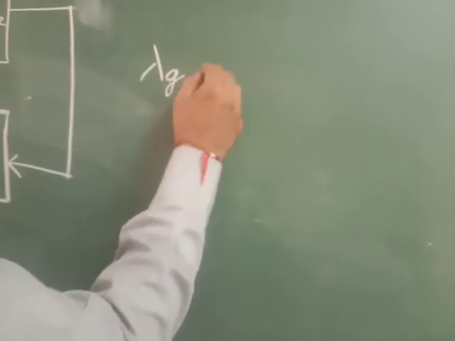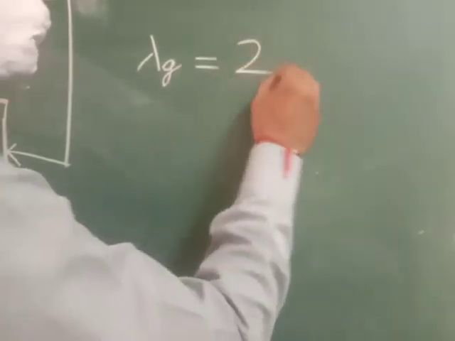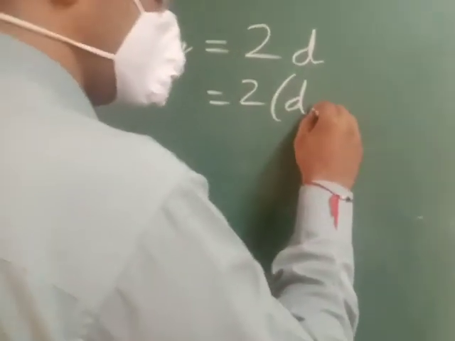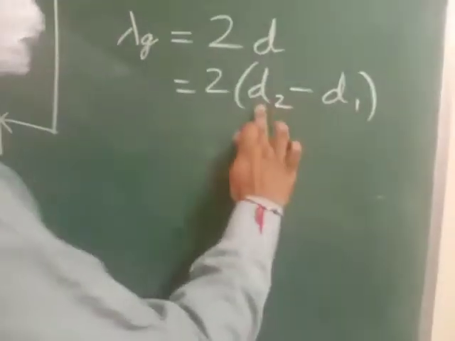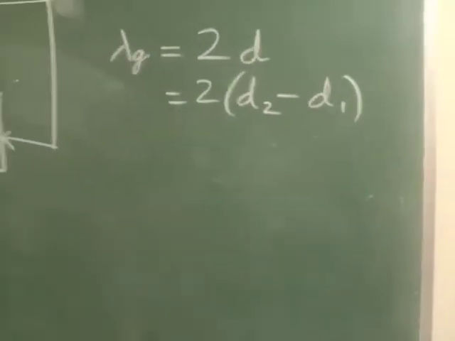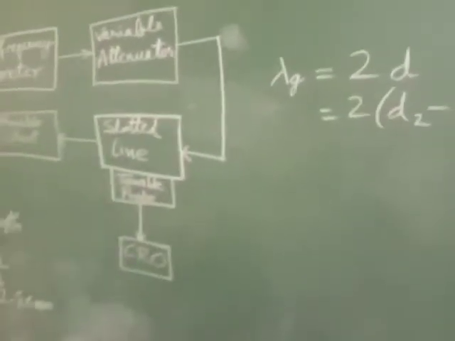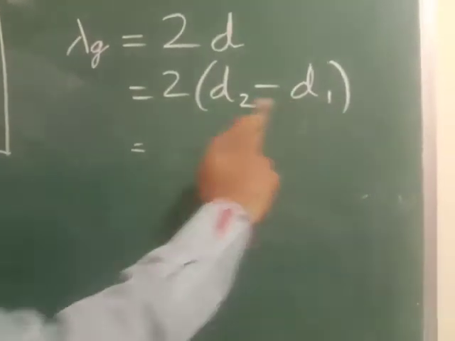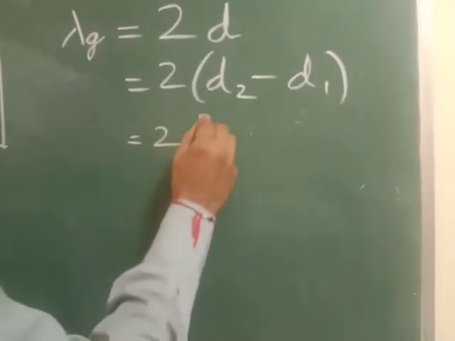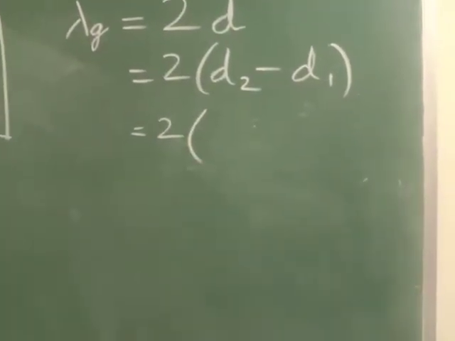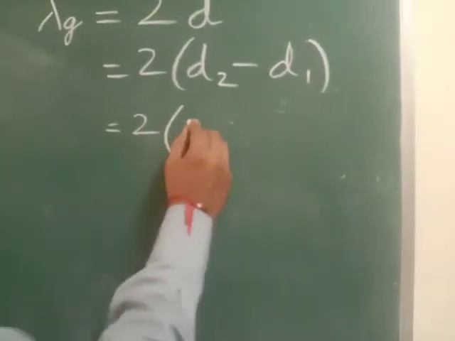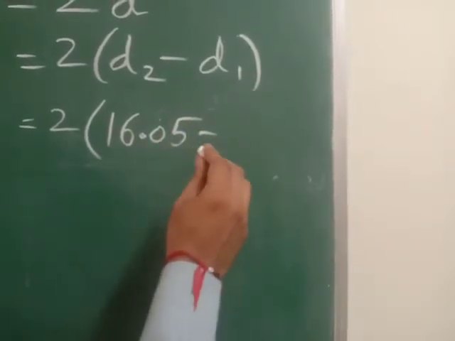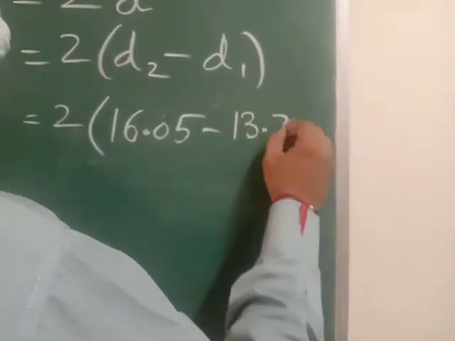Now we will calculate lambda g. Lambda g is equal to 2d, where d is d2 minus d1. These are the readings that we have noted from the centimeter scale of the slotted line for the minimas, first minima and second minima: 16.05 and 13.35 centimeter.